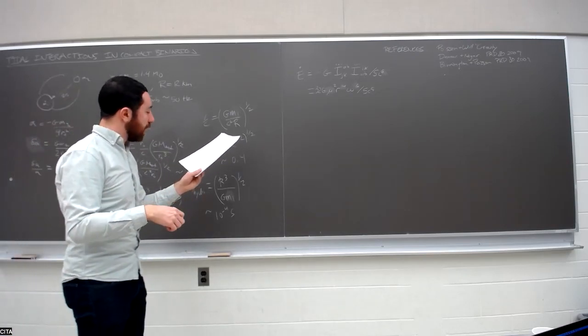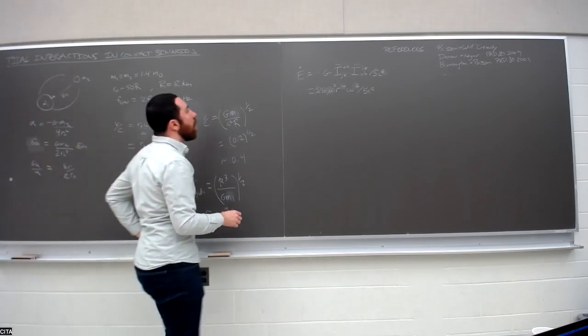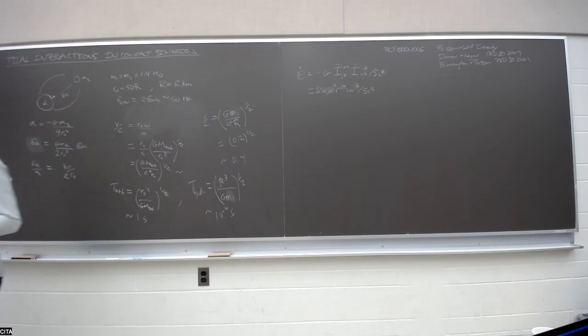If you compute a time scale from this, the time scale at which the orbit is going to shrink from a given radius r0 down to 0, this is something called Peter's formula.